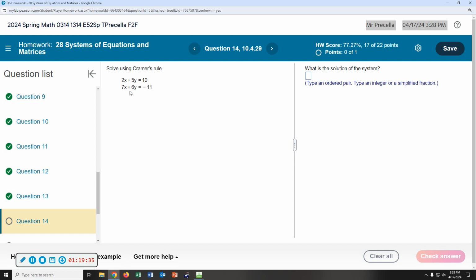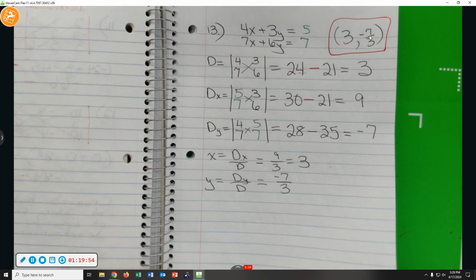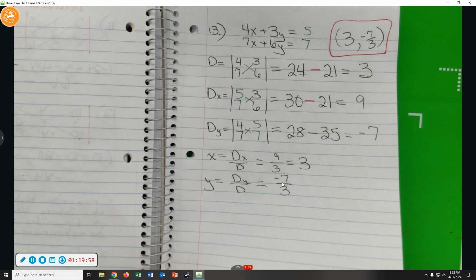Use whichever one you do best, or whichever one you think is going to be easier. If you look at the numbers and think, oh, this is going to wind up with messy fractions as answers, Cramer's rule is better. Notice we didn't wind up with a fraction in the previous problem until that final dividing step.